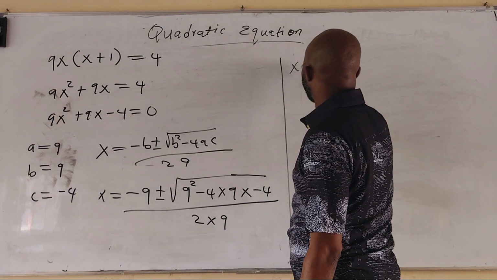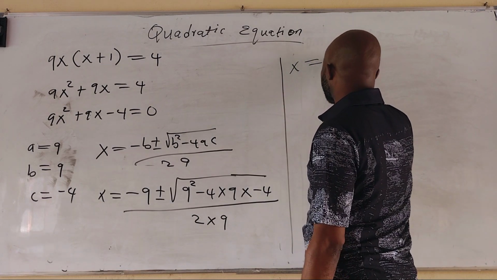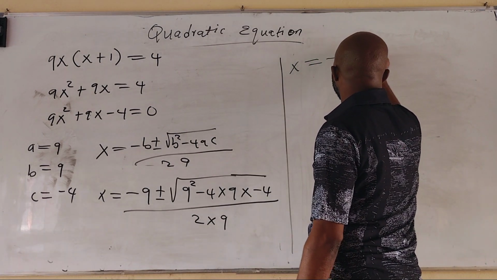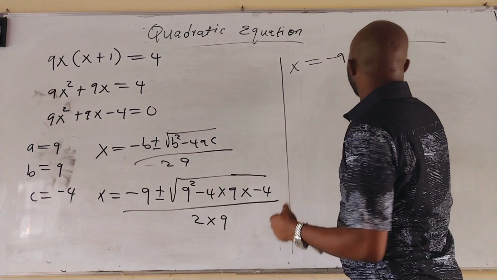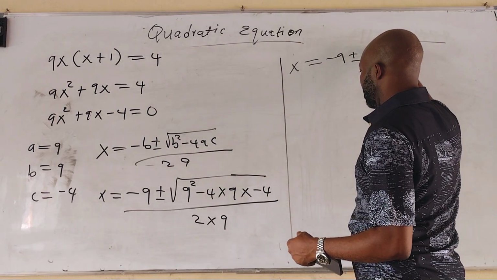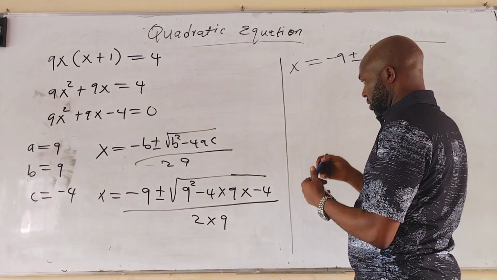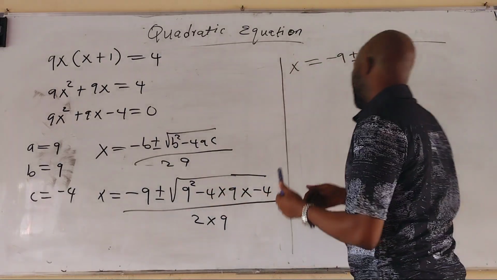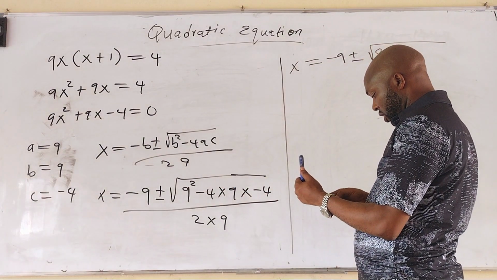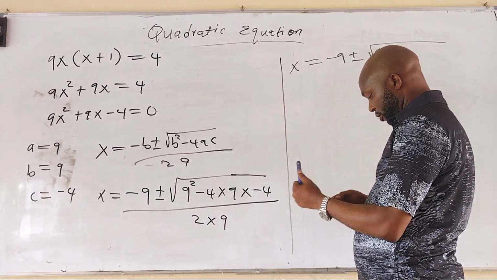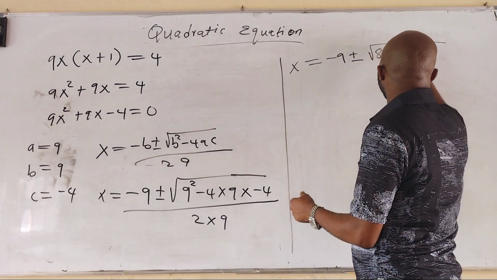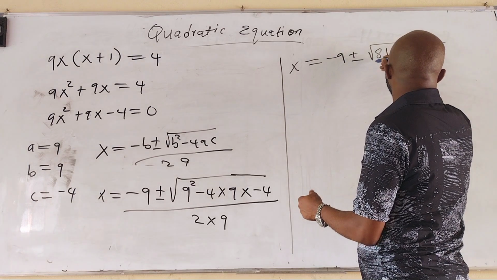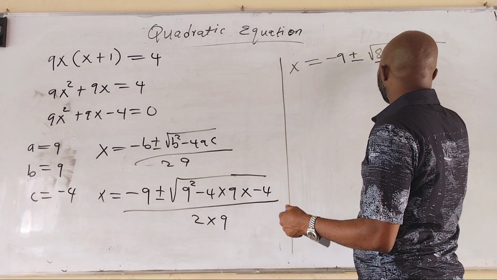X is equal to minus 9 plus or minus the root of 81 plus, minus times minus is plus, 4 times 9 times 4. 4 times 9 times 4 is 144, over 18.